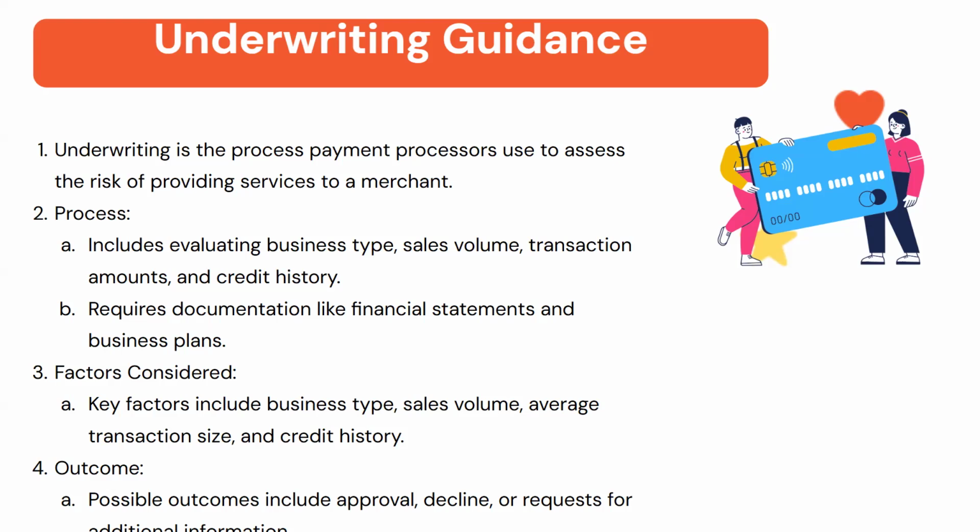This requires documentation like financial statements and business plans. The key factors to be considered include business type, sales volume, average transaction size, and credit history. Then the outcome. The possible outcomes include approval, decline, or request for additional information.